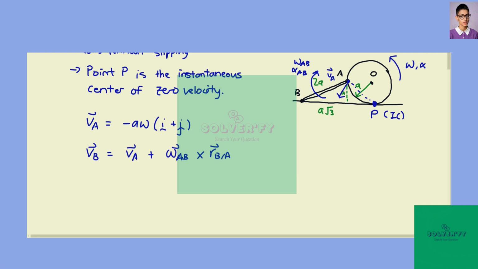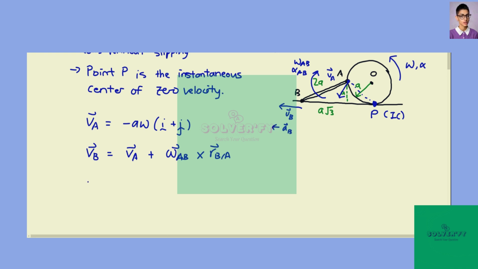So that's how we are going to approach the problem. Looking at this situation, VB is going to the left. Similarly, the acceleration of B is also going to the left.